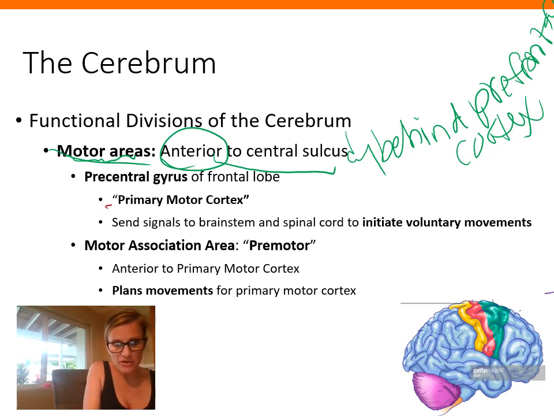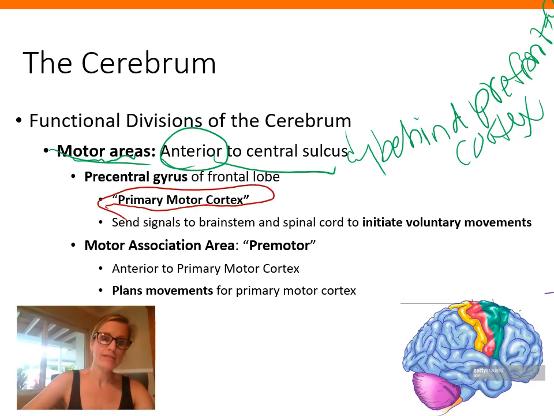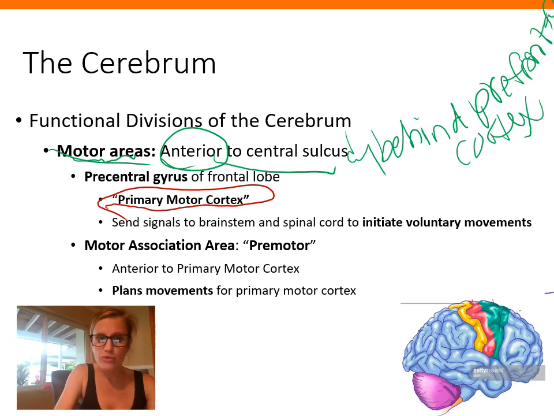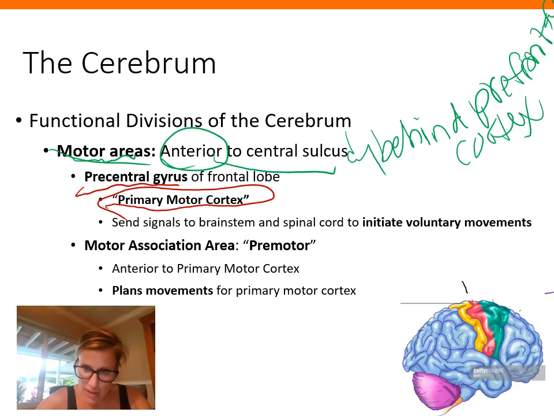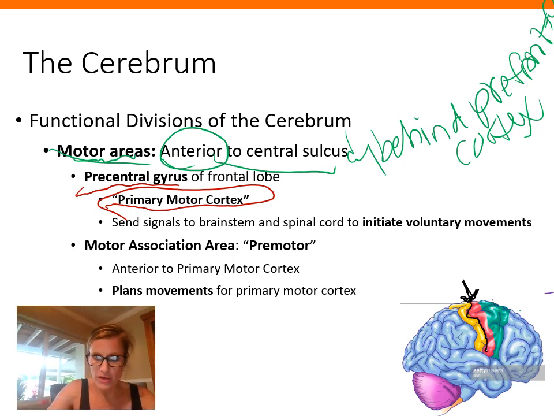The primary motor cortex is located in the precentral gyrus of the frontal lobe. If you remember, the central sulcus is this line right here that goes between the frontal lobe and the parietal lobe.